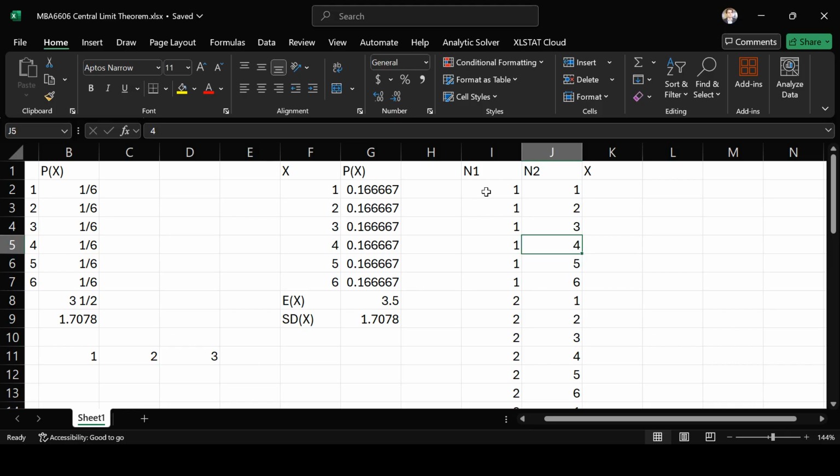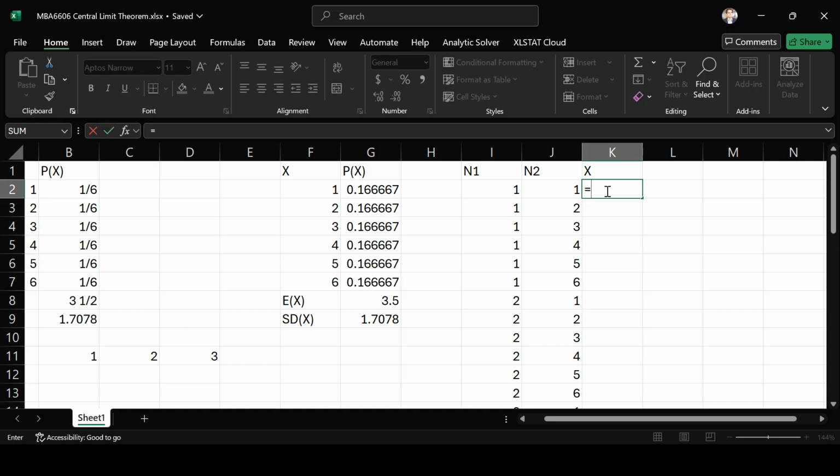So if the first roll generates a value of 1, the second can generate a value of 1, 2, 3, 4, 5, 6. Similarly, if the first one generates a value of 2, the other dice could be 1, 2, 3, 4, 5, 6. So we have enumerated and considered all possible outcomes of rolling two dice.